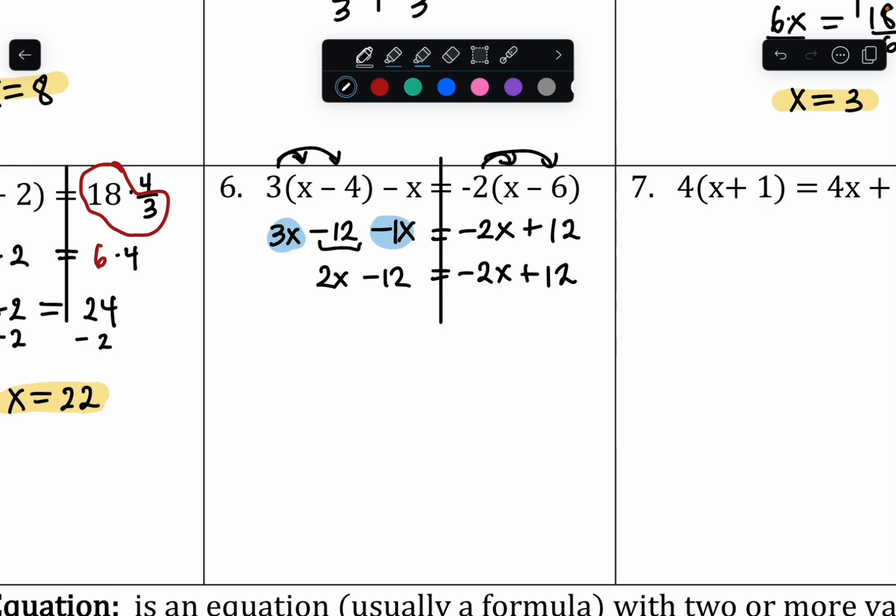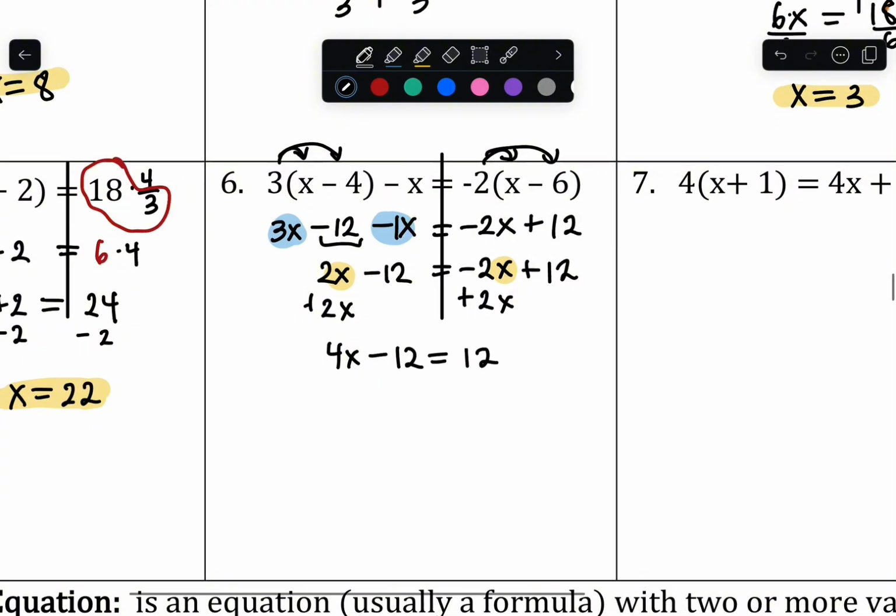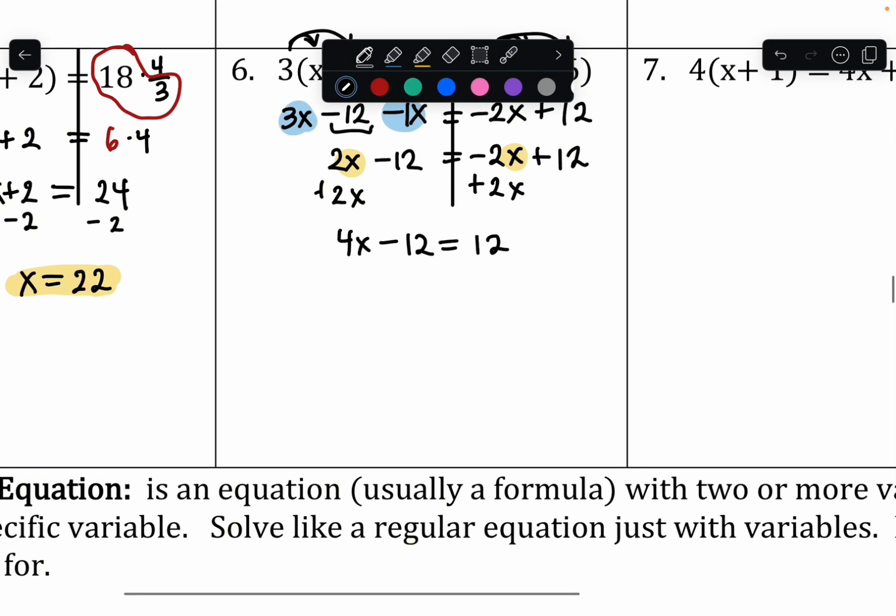Okay, now I have x's on both sides. We can't combine them, so we pick a side to get rid of all the x's on. So picking the right-hand side, we would add 2x to both sides, leaving me with 4x minus 12 equals 12. Okay, now we have x just in one place.